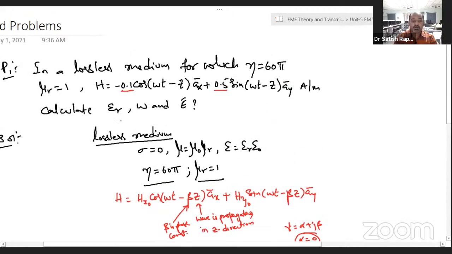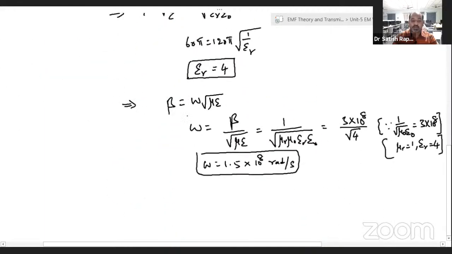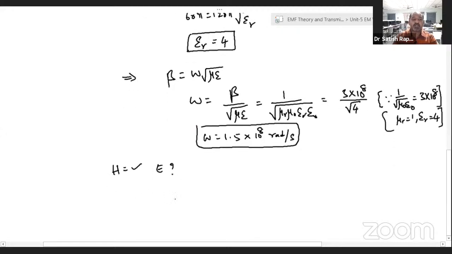So therefore we have determined epsilon r, and we have determined omega, and we need to determine the electric field. How can we determine the electric field if H is given? Is there any relationship between E and H? Yes, we have.